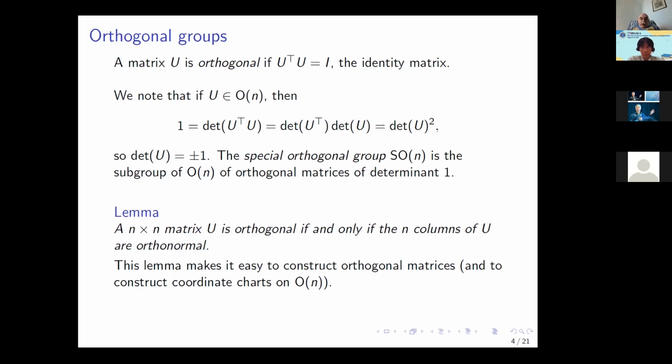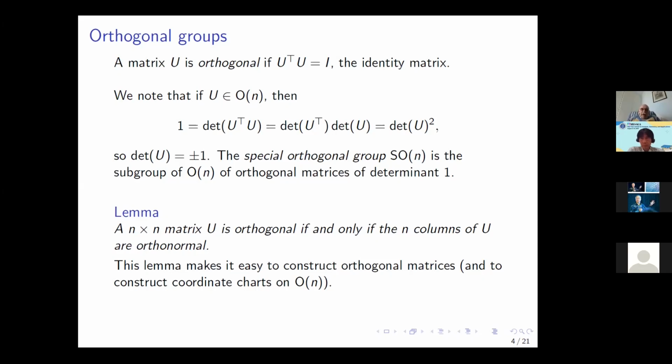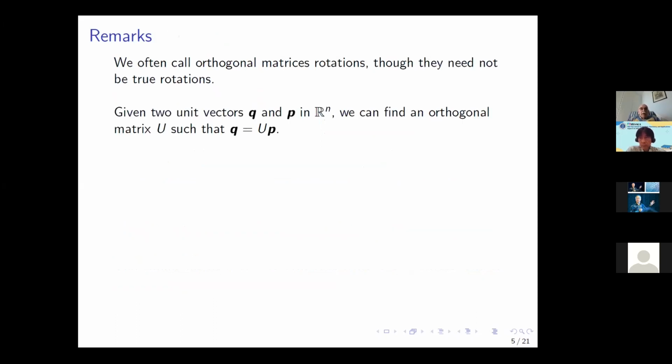And in any case, if you know some linear algebra, you can check that this is true quite easily. And this makes it easy to decide whether a matrix is orthogonal or not and to construct orthogonal matrices. And if we want to show that it's a manifold, then we can use this fact to construct coordinate charts. So that's some very basic facts about orthogonal matrices.